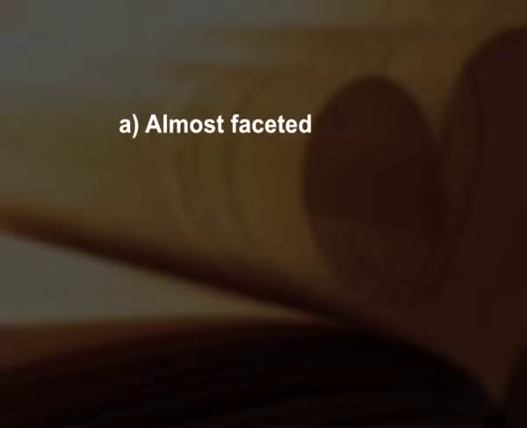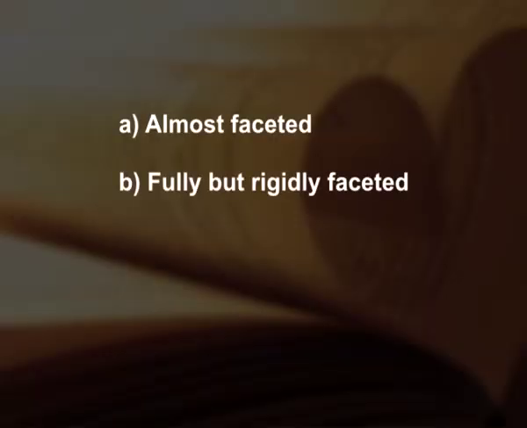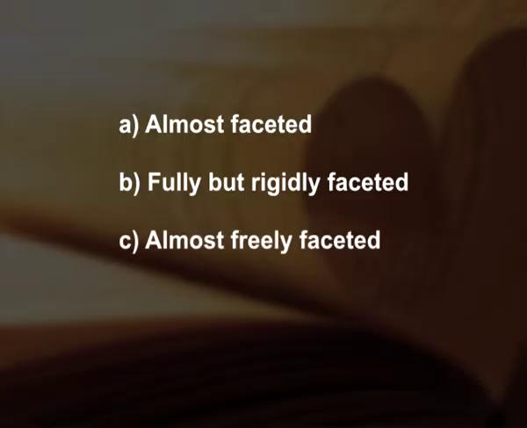He provided separate connecting symbols for these 5 fundamental categories. Faceted schemes are further categorized into 4 species: 1. Almost faceted, 2. Fully but rigidly faceted, 3. Almost freely faceted, 4. Freely faceted.